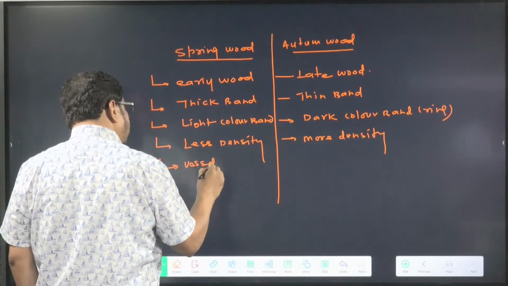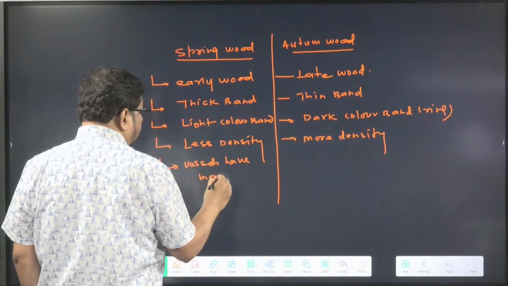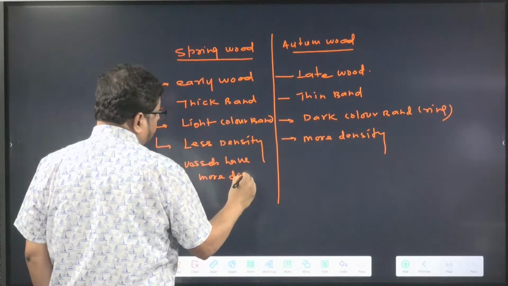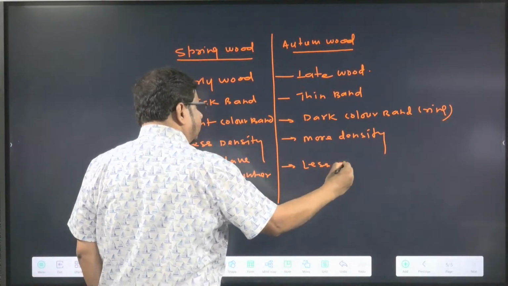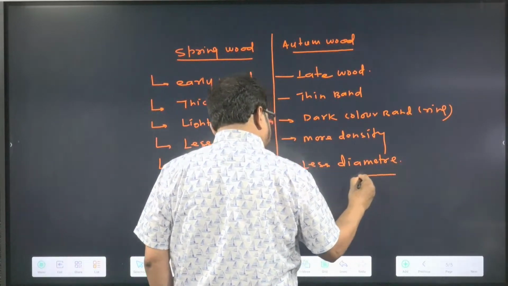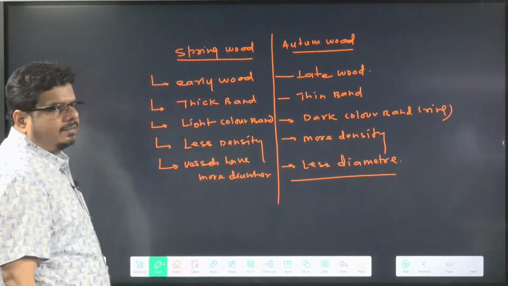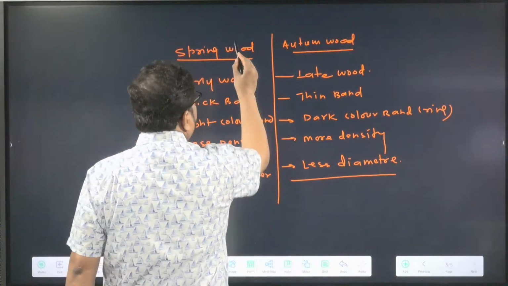Vessels have more diameter, here less diameter. Got the idea or not? So these are some of the differences between spring wood and autumn wood.